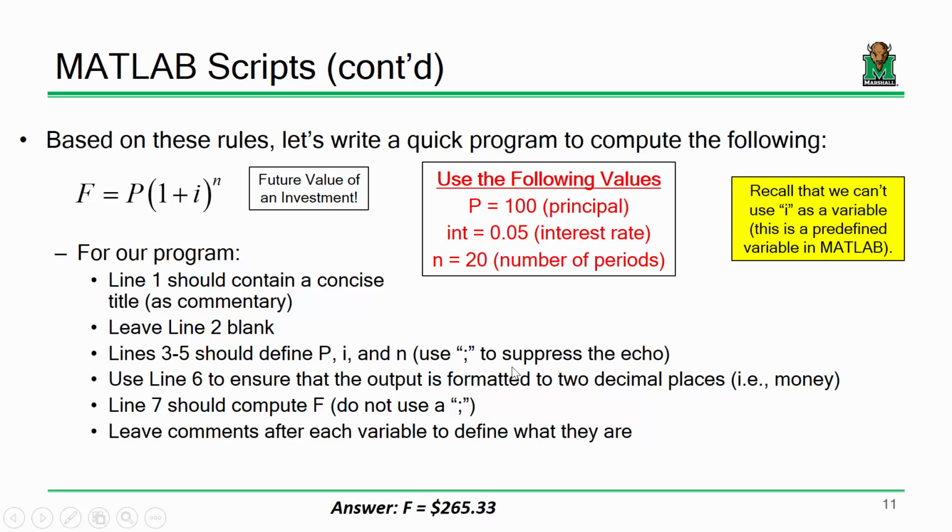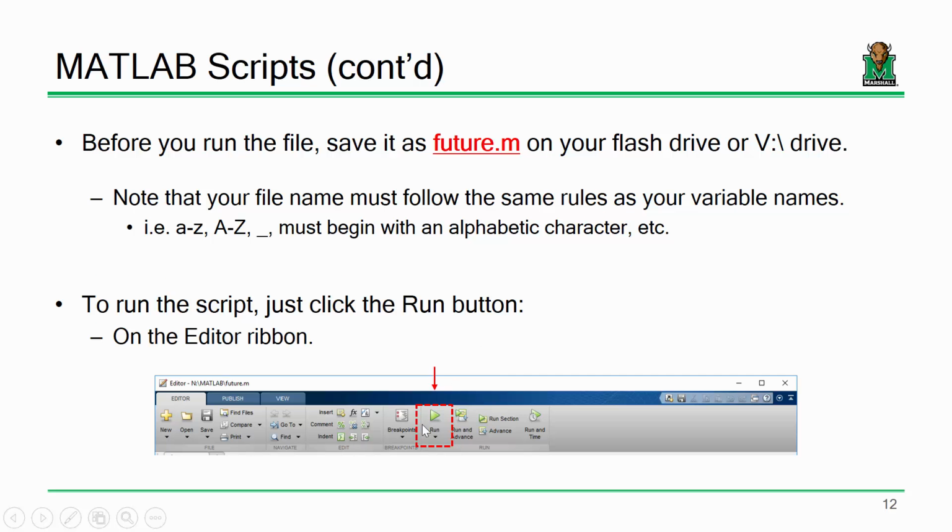Let me give you a couple of other ideas before you actually start working on this. When you're ready to run the script, here's the Run button that you're going to click on. The green Go indicator is a visual reminder that it's going to run what's been saved.